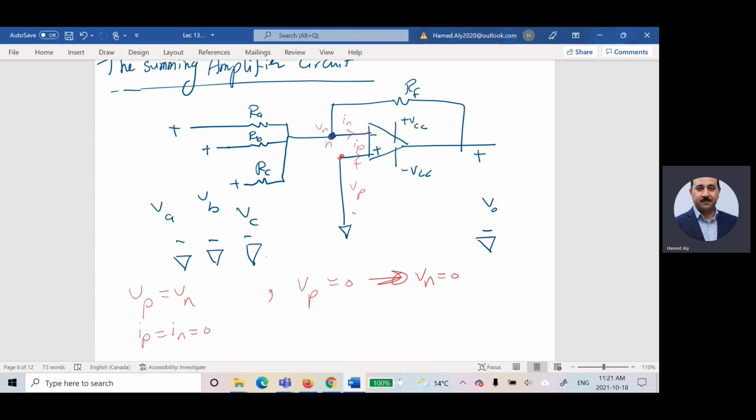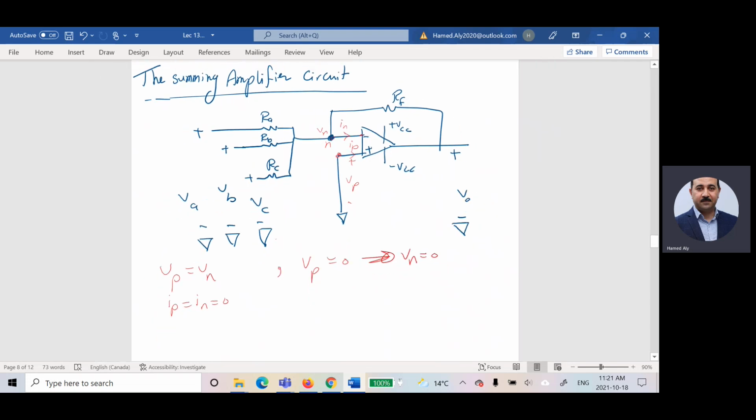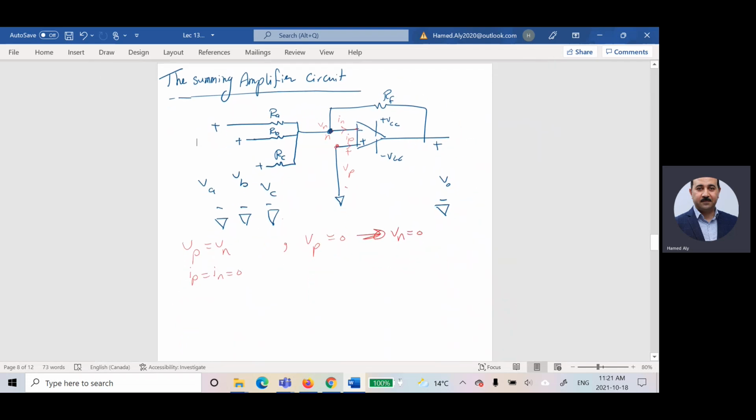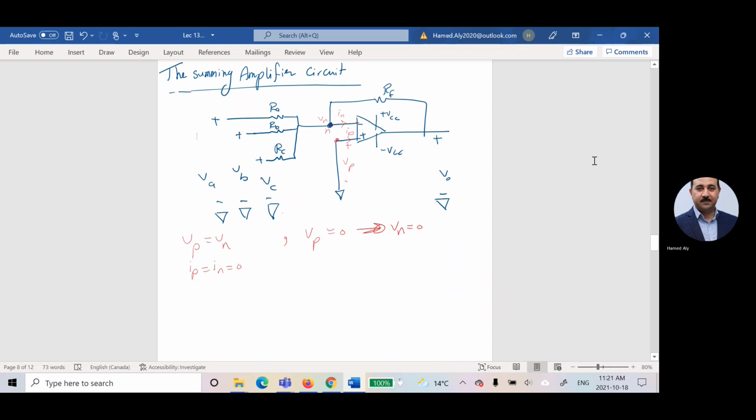Now, I'm going to repeat what I said in the previous application. Summation of the currents for node N is equal to 0. So summation I is equal to 0 for node N. How many currents do we have? We have this, we have this, we have this guy, which is the summation of those. Am I right?